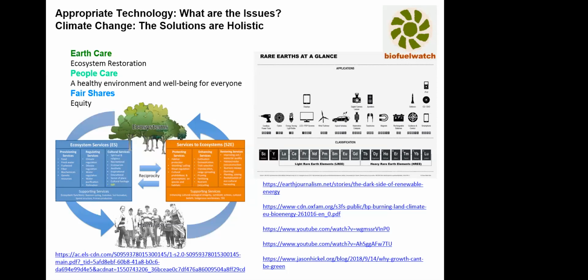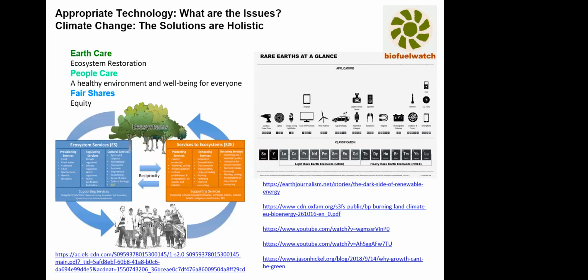So I put in here a couple of interesting links. For example, the one in the bottom left-hand corner is to a scientific study on ecosystem services, which is a big word at the moment. So that's really important when we're thinking about using biodiversity, and also when we're thinking about using biomass, if we're going to have biofuels.